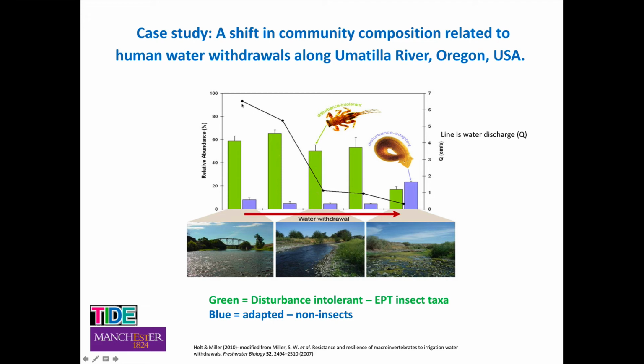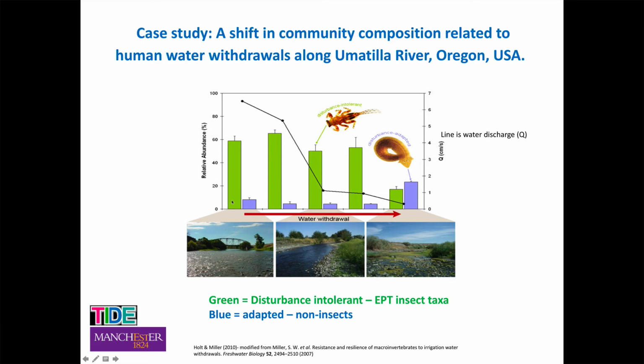So first of all, you can see the amount of water extraction from this river means that by the end of the system, end of the time, there's very little water left in the river. So the water withdrawal will have a major impact on the community living in that river.